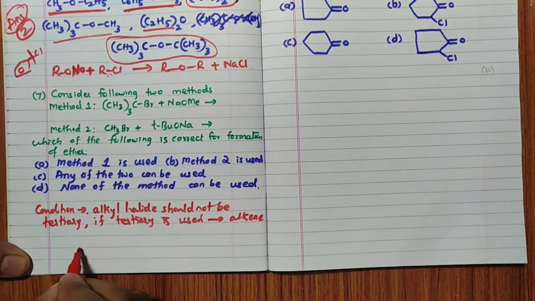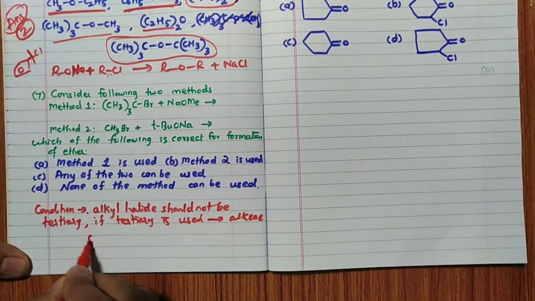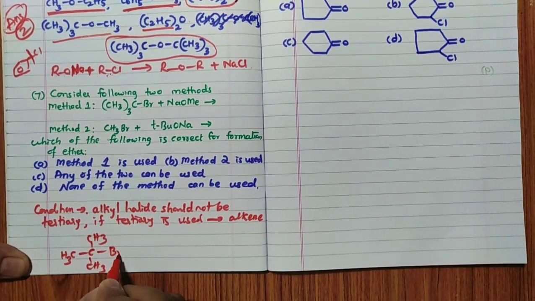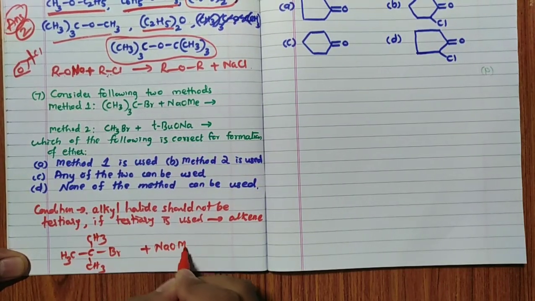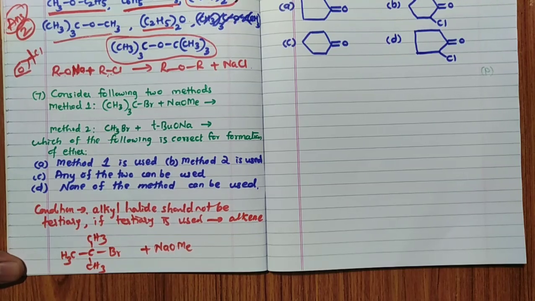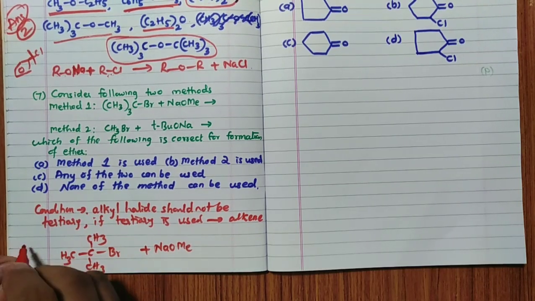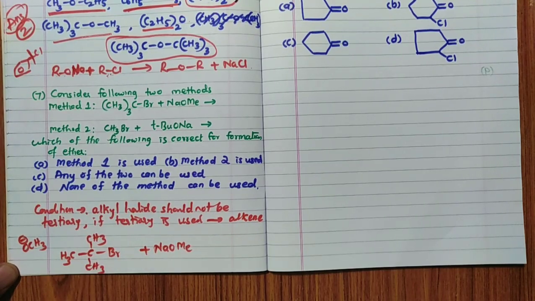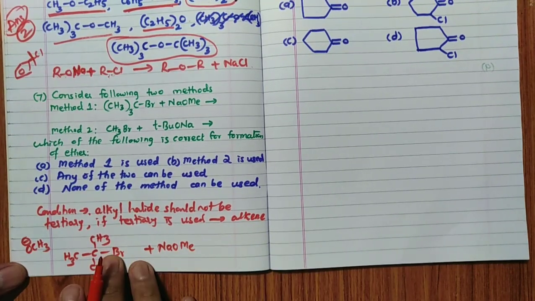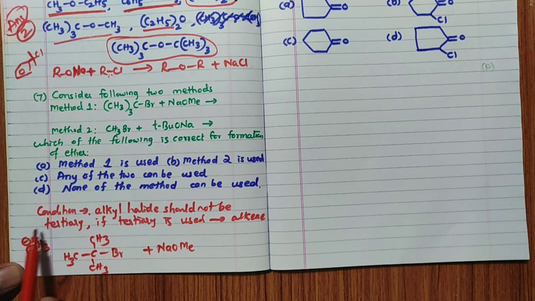See, we have CH3 thrice CBr and NaOMe. In this, the nucleophile is OMe, OCH3 is the nucleophile. I will write it here. Now, Br is the leaving group, this Br should leave.